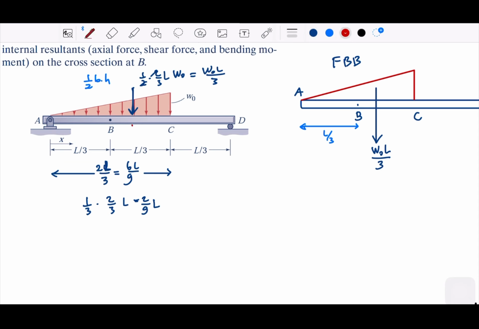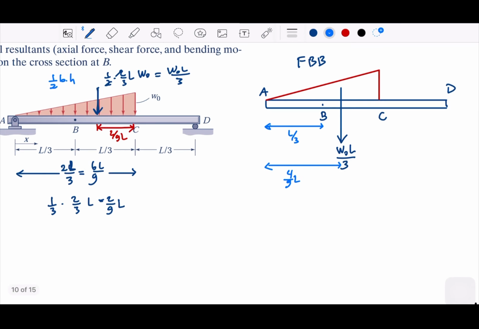So if this is 2/9, then this will be 4/9. So let me write that as 4/9 here. This is 4/9L.